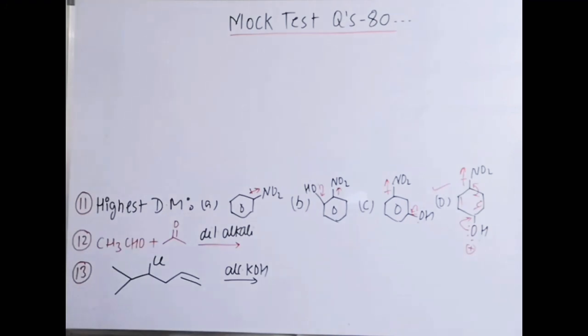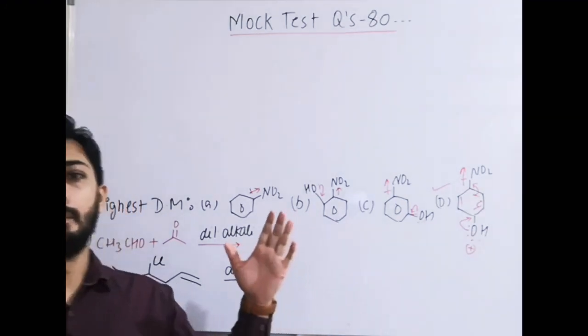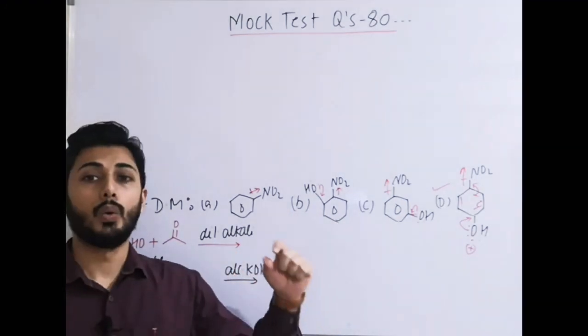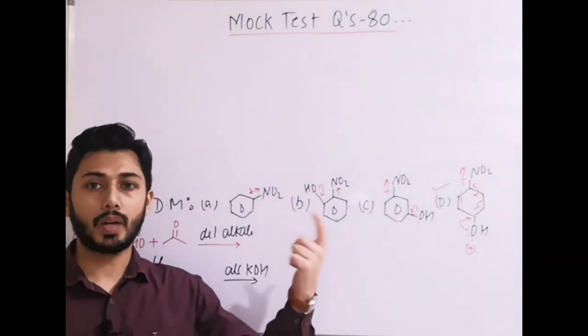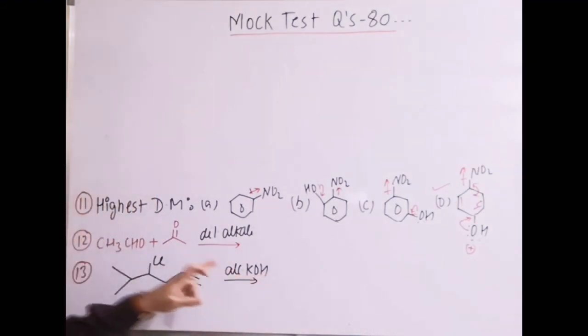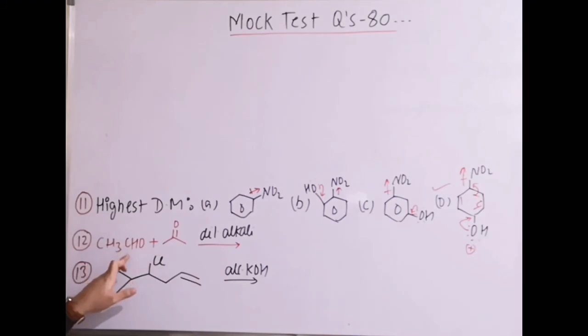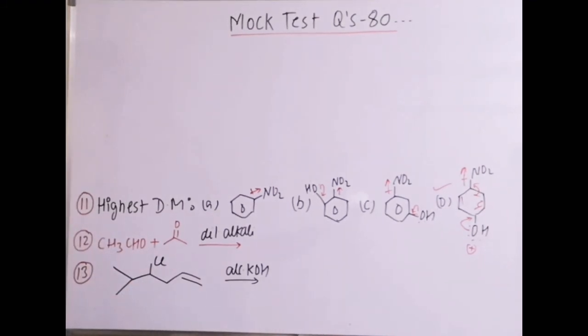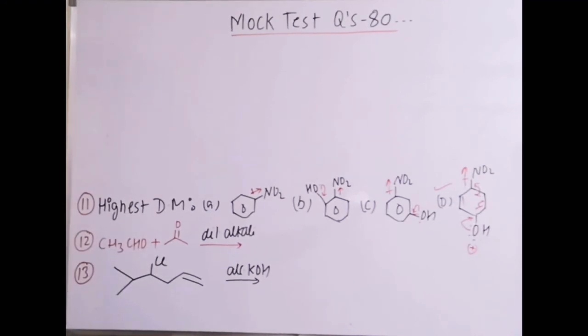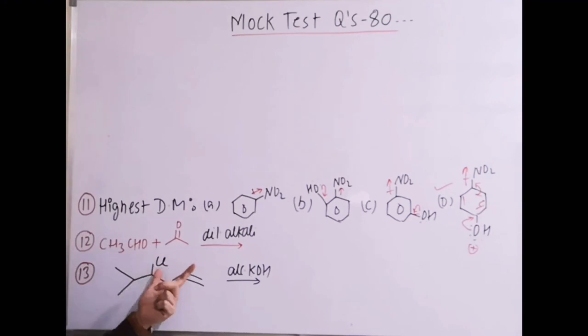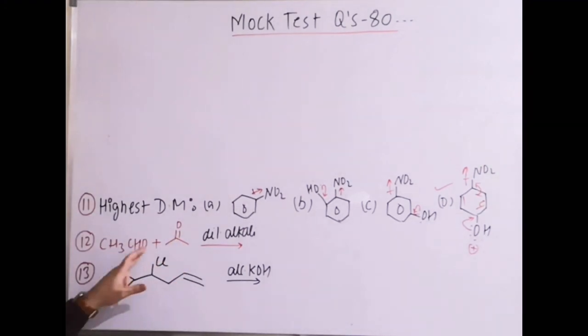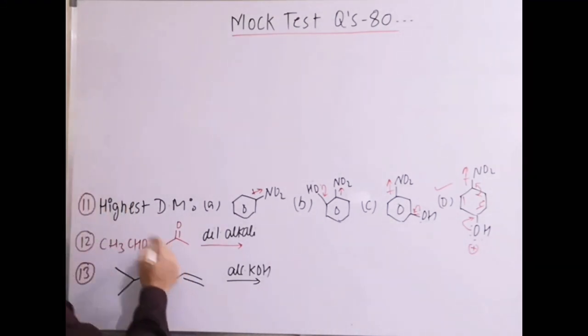If an aldehyde and a ketone are given, then always remember the major product will form where the carbanion is formed from the ketone, that is the nucleophile, and it will add on the carbonyl carbon of the aldehyde, because aldehydes are faster in nucleophilic addition. Okay, so you will remember that point. If two different compounds are there, the major product is from the carbanion of the ketone adding on the carbonyl carbon of the aldehyde. So I am directly writing the product.